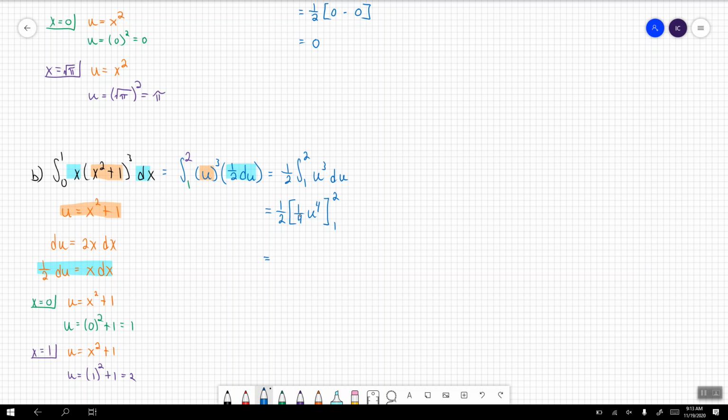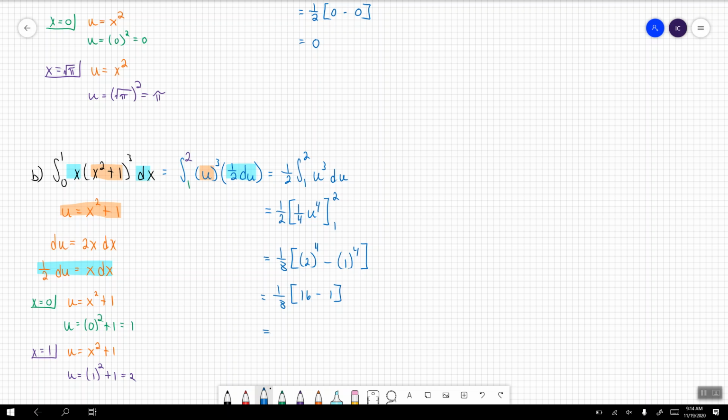So let's see, I see a 1/4. I can factor out that 1/4, so it's going to be 1/8. u to the 4th, so that's going to be 2 to the power of 4 minus 1 to the power of 4. So 2 to the power of 4, that's going to be 16, minus 1.